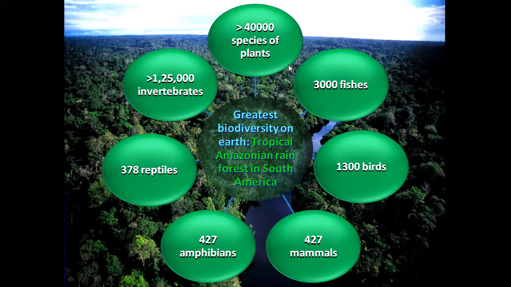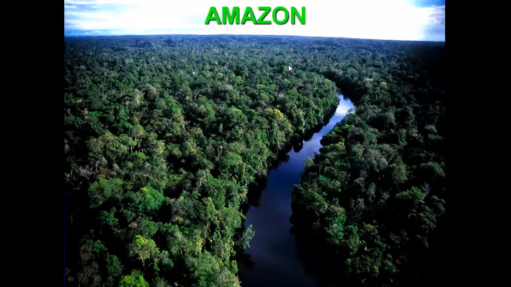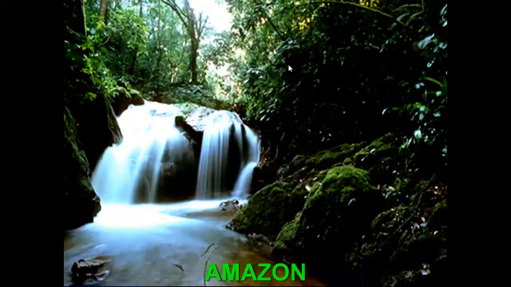Where is that place? The greatest biodiversity on the earth is in the tropical Amazon rainforest of South America. You can see the Amazon rainforest on the screen.